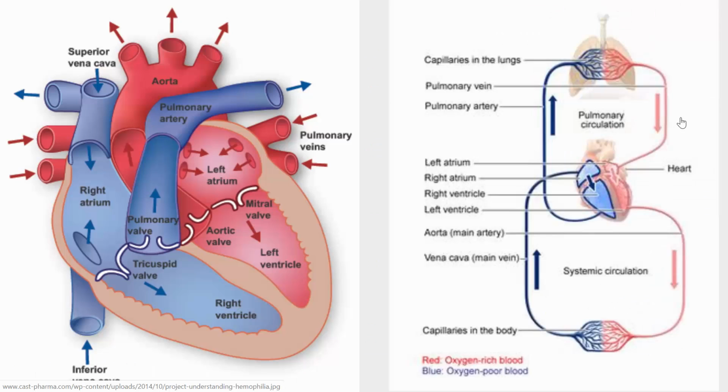So when we look at the overall circulation of our heart, here are the chambers. We have 4 chambers in our heart. They're called the left atrium, left ventricle, right ventricle.